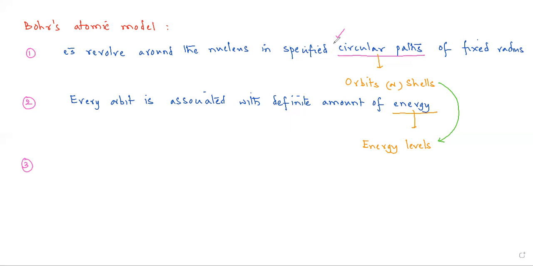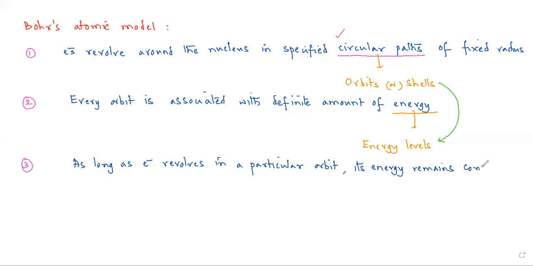But according to Bohr, as long as an electron revolves in a particular orbit, its energy remains constant. So this is very important. What is this?